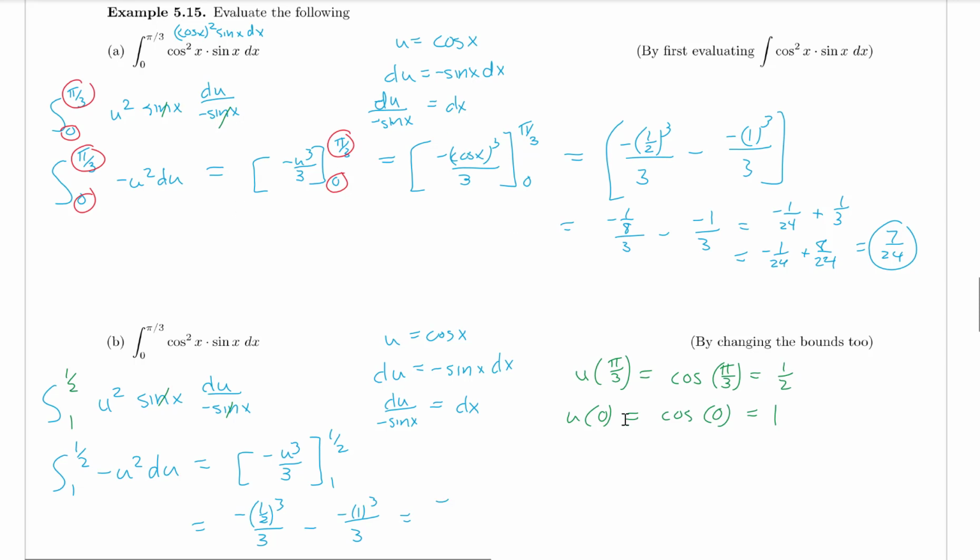So we know that this is also 7/24, and they calculate the equivalent answer, but changing your bounds is a little bit more organized than substituting back for x before you plug in your x boundaries. Both of them are equivalent though, so you should do whatever makes the most sense to you. I'm going to pause here and let you copy down some of this work.